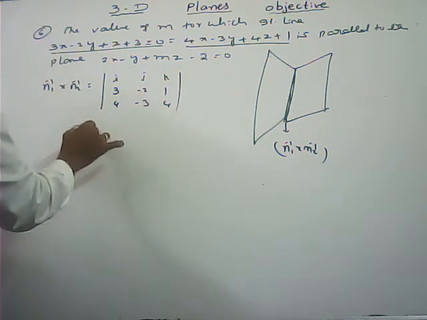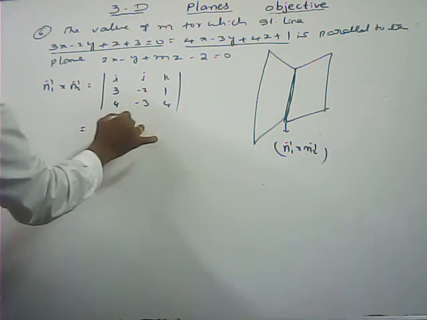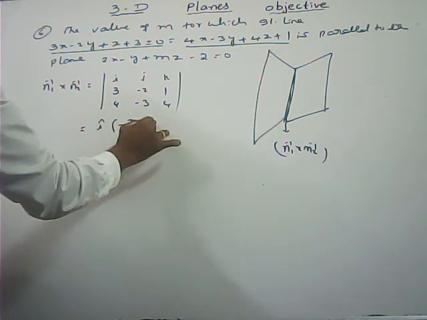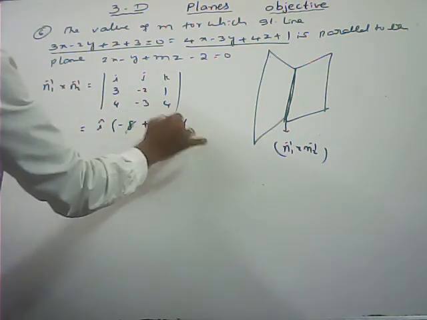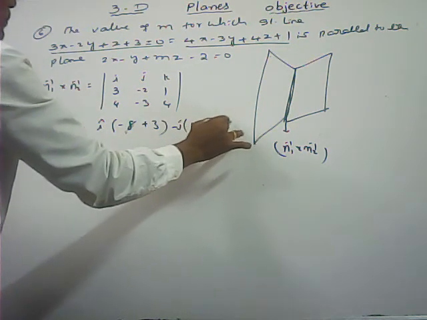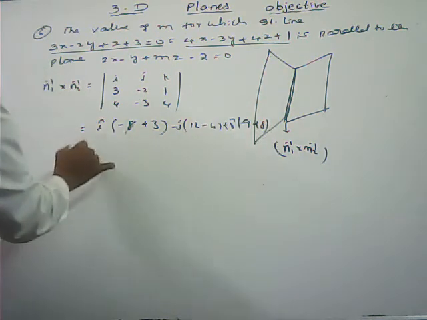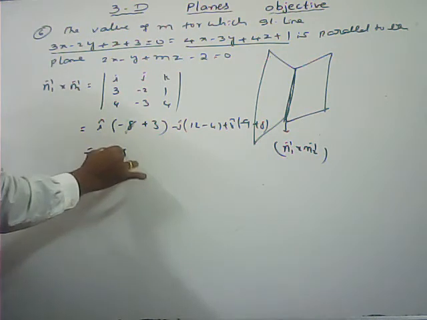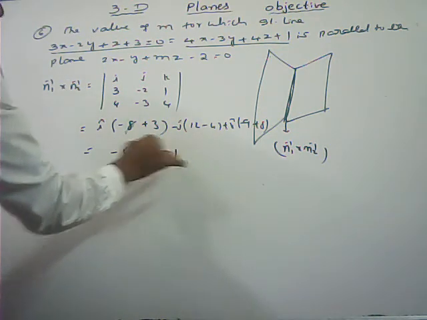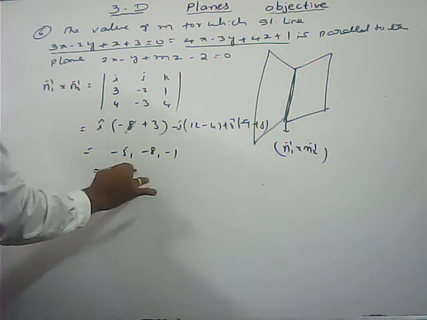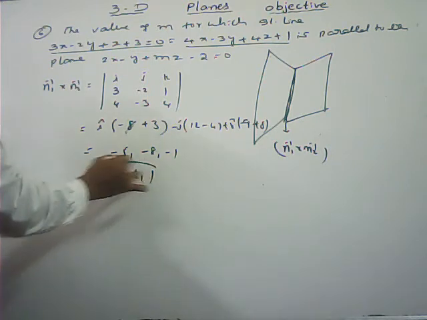That is equal to i cap into minus 8 plus 3, minus j cap into 12 minus 4, plus k cap into minus 9 plus 8. So minus 5, minus 8, minus 1. Otherwise, in simplest form you can write in positives 5, 8, 1. Those are the parallel d.r.s of the line.